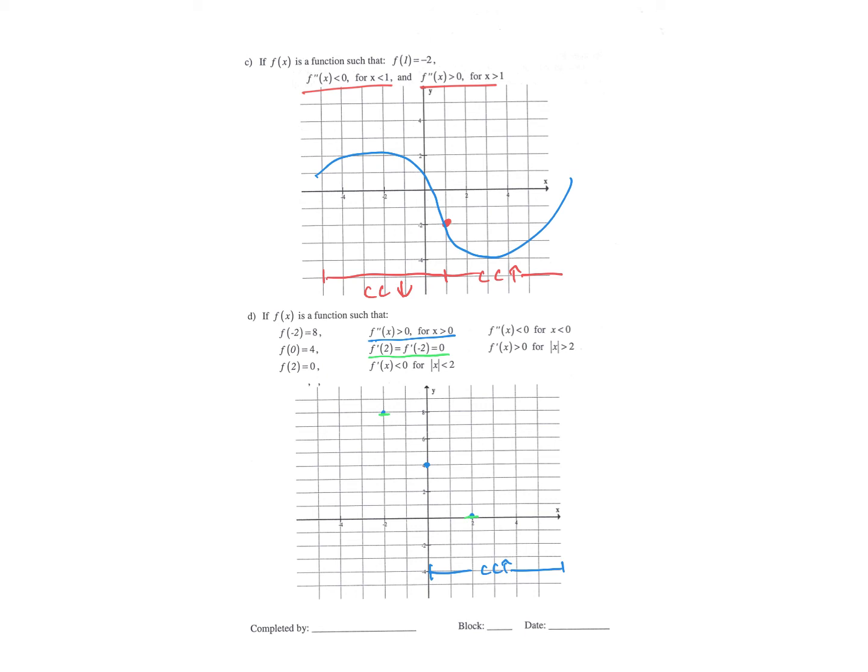This next one says f prime is less than 0 for when absolute value x is less than 2. What does that mean? The slopes are what? It's decreasing. So f is decreasing.